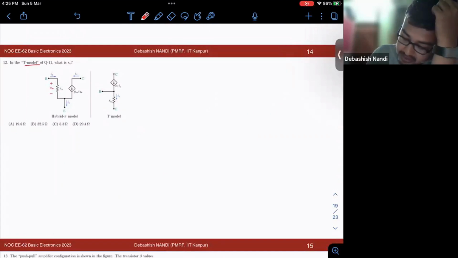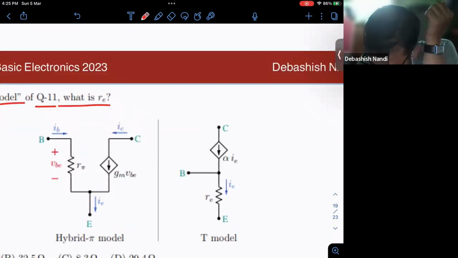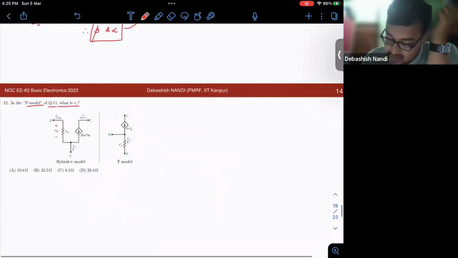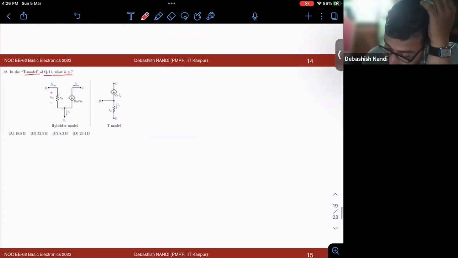Again, this is in the T model of question number 11. What is RE? Then what is RE? Okay. So you need to find out, this is your RE, right? So this is your VBE. This is your VBE, right?